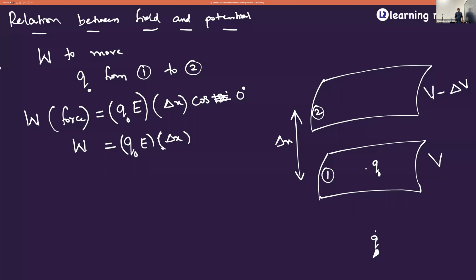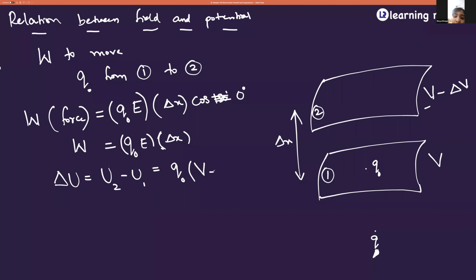So how is this work done going to get stored? It will get stored in the form of change in potential energy. So what is the change in potential energy? It is final potential energy minus initial potential energy. So what is the value of final potential energy? It is the charge multiplied with the potential.